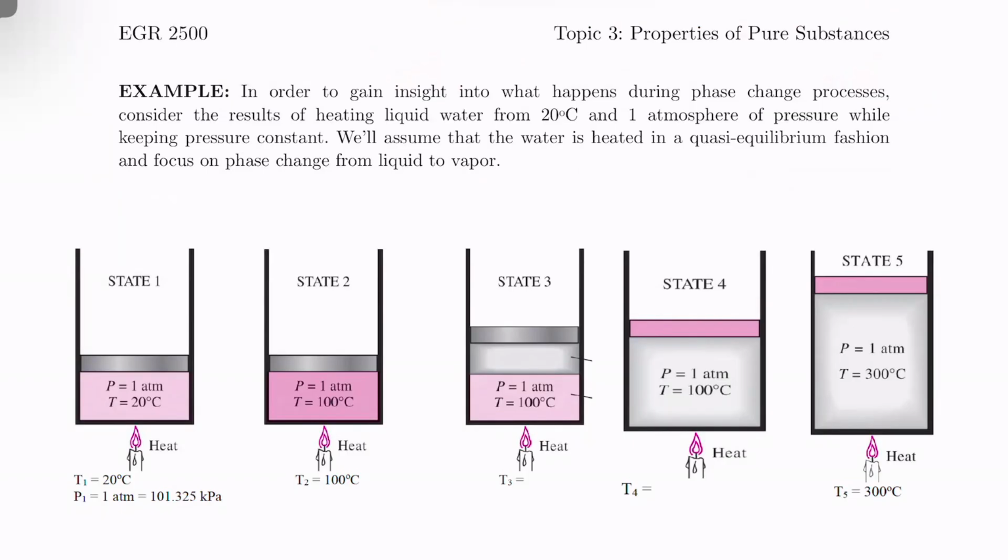So we have liquid water that's being heated, and we start at 1 atmosphere of pressure and we keep it at 1 atmosphere of pressure for all 5 of these states, and we're applying heat. So we start off with liquid water, and we're given that it's at 1 atmosphere of pressure and 20 degrees Celsius.